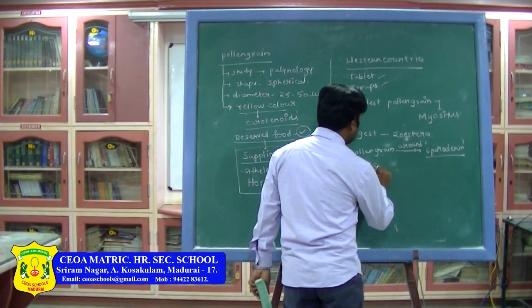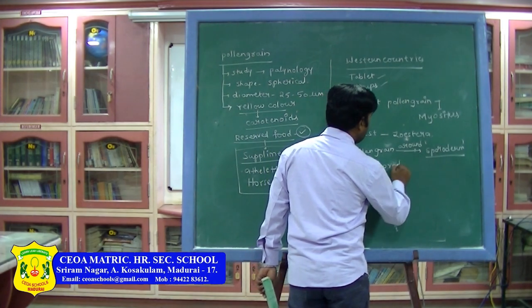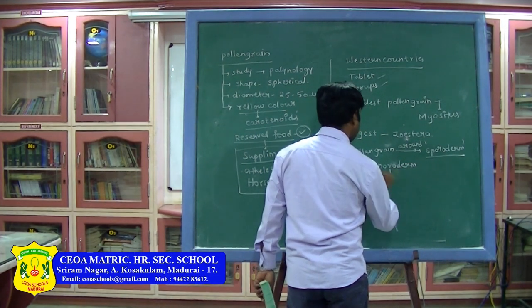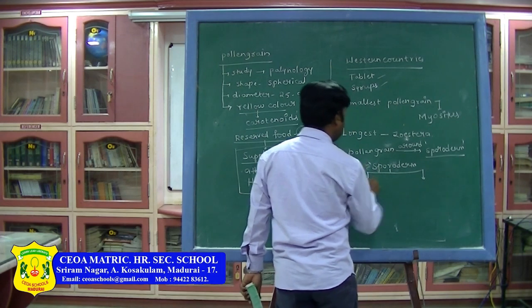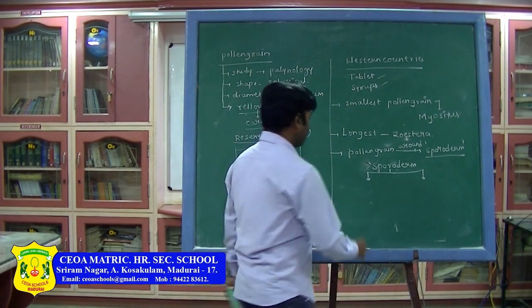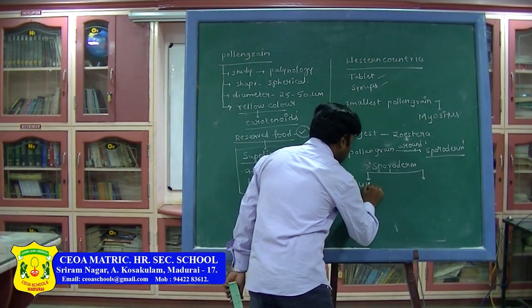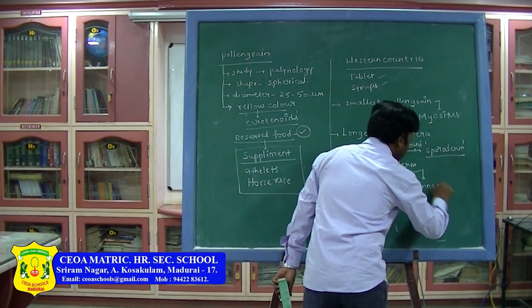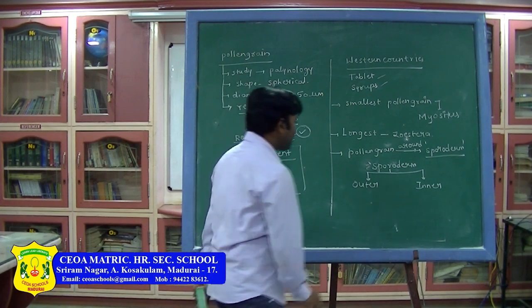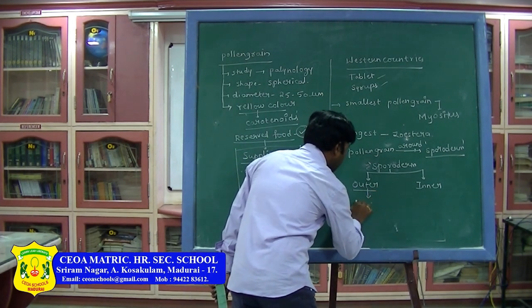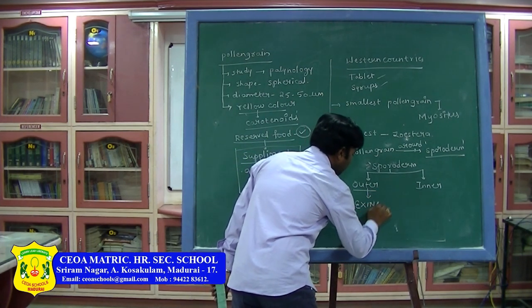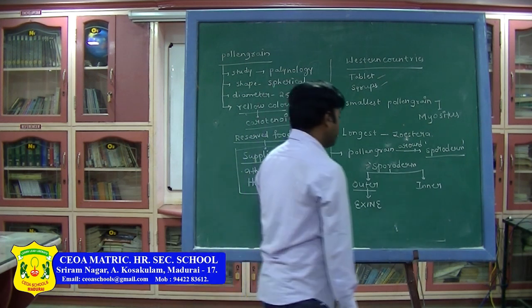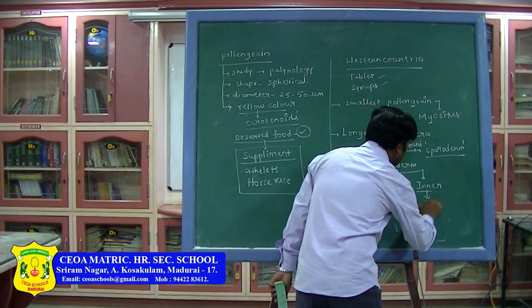This sporoderm has two layers. How many layers are present? Two layers are present. One is the outer layer, another is the inner layer. The outer layer we call the exine. The inner layer we call the intine.